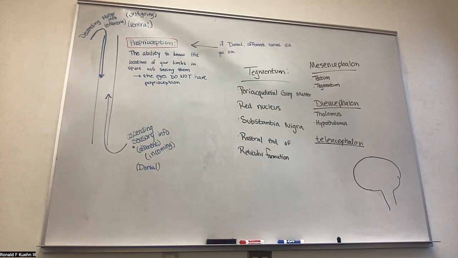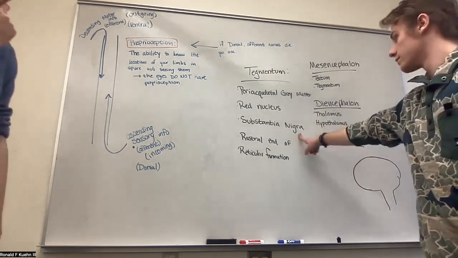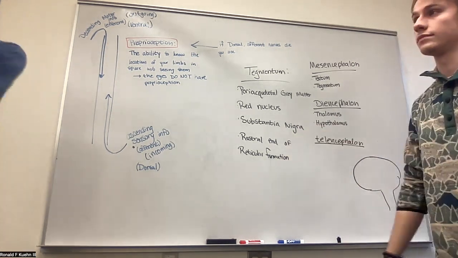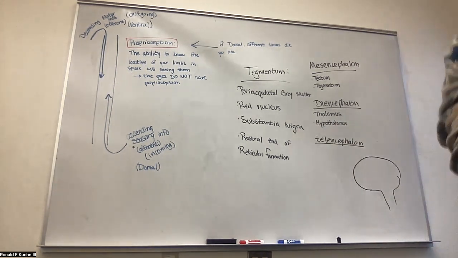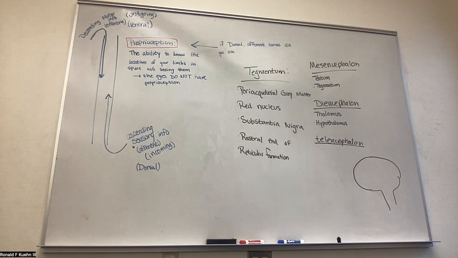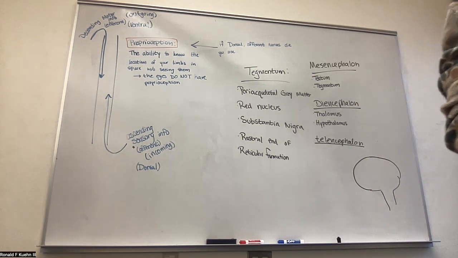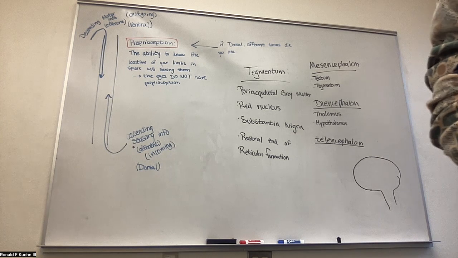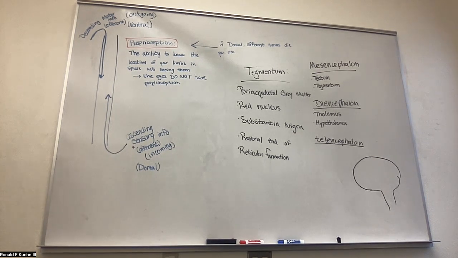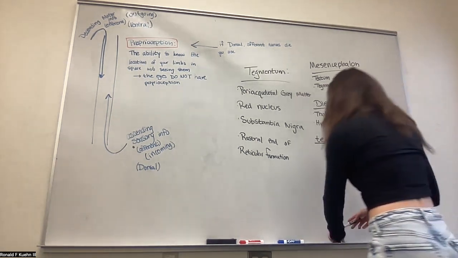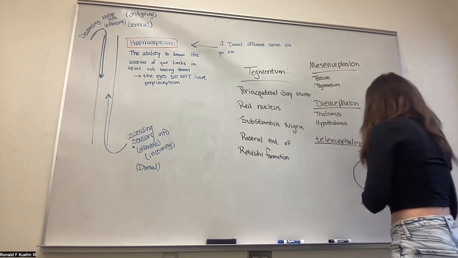The substantia nigra is a very important part, probably the most important one to remember. The way to remember this is it is very dopaminergic, very dopamine centric. It has a lot of areas that produce dopamine, and that is why it has a dark color, because melanin is a byproduct of dopamine.